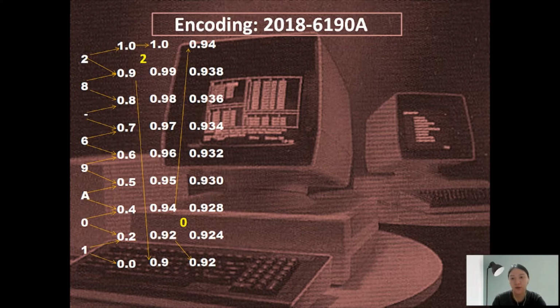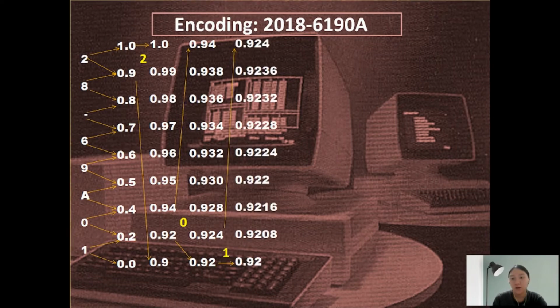Next is variable 1. The range is from 0.92 up to 0.924, and the difference here is 0.0004.